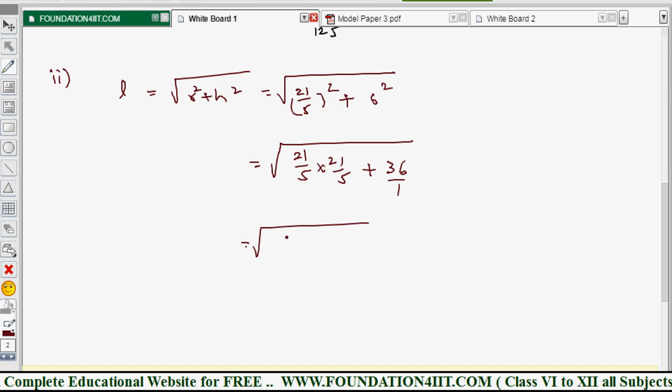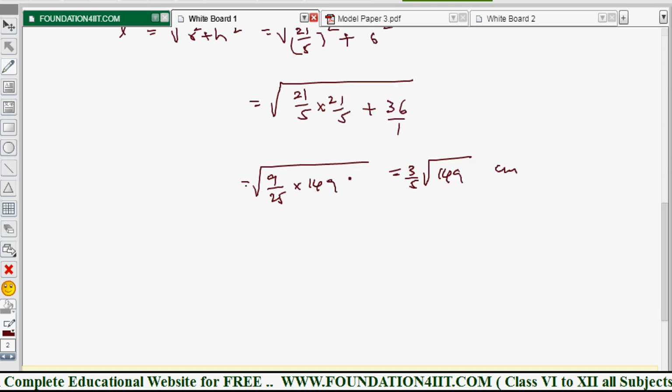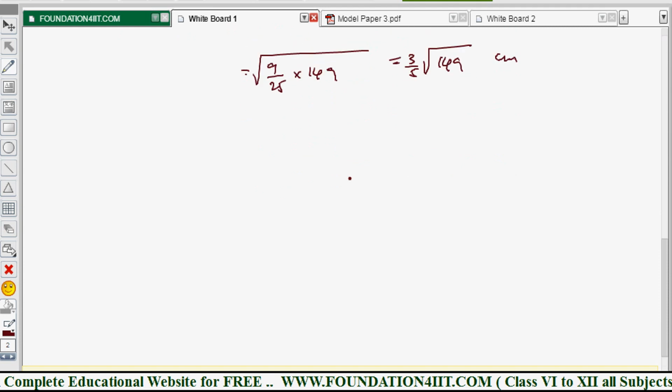Calculations are done, and you finally get 9 by 25 into 149, taking LCM. That is 3 by 5 square root of 149 centimeters. Now this slant height you will apply in the problem of the total surface area of the toy.